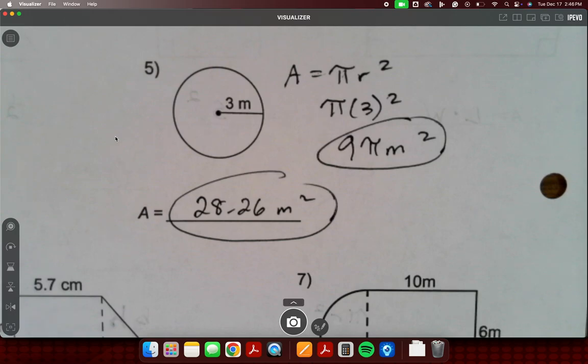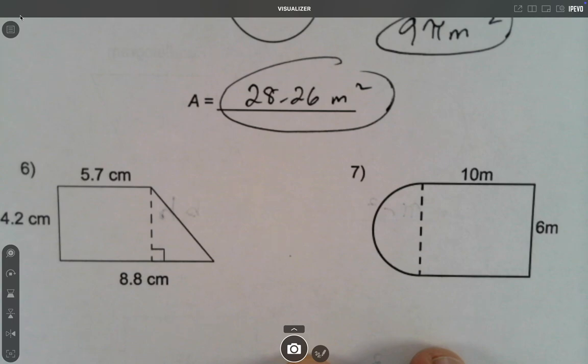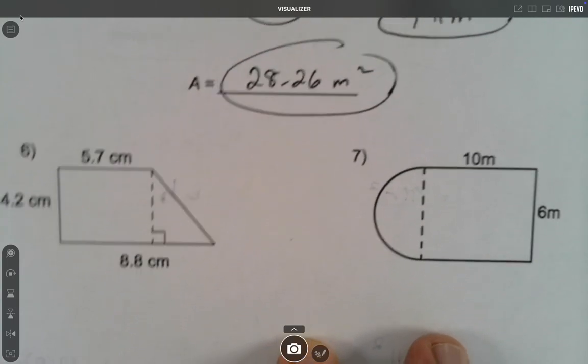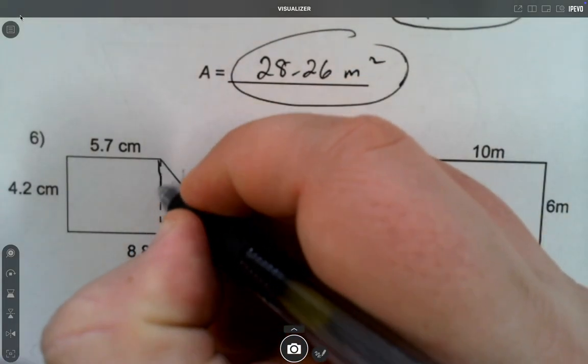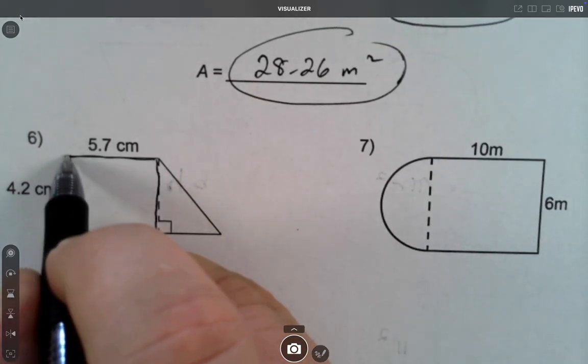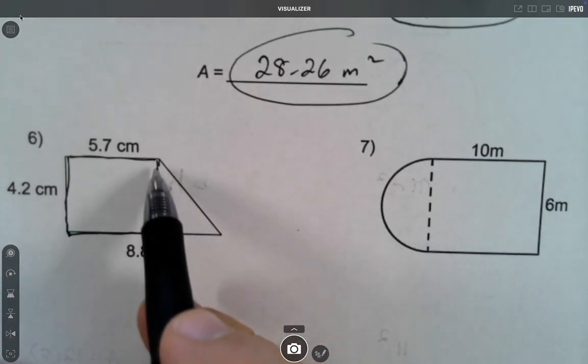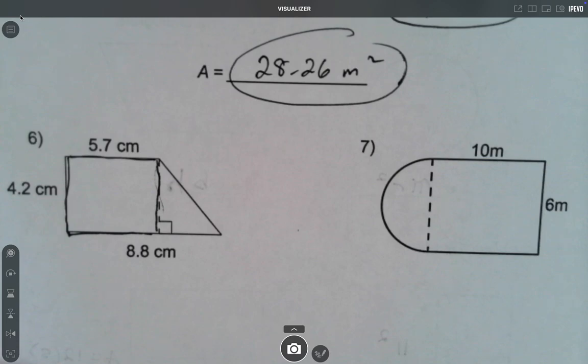Okay, these last two are a little bit tricky, so please follow along with me. This is two shapes put together. So we have a rectangle, which is right here, and a triangle, which is right here. And we're going to find their area individually and then add them together to get the area of the whole shape.